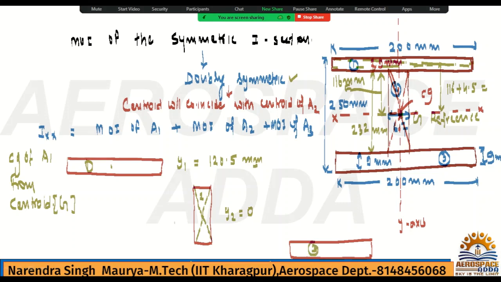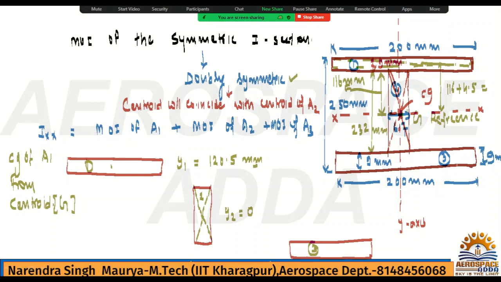Coming to box 3. Here I am not taking reference at the top or at the bottom. I am taking exactly the centroid as my reference, and from the centroid I am measuring the CG of box 1, box 2 and box 3. For box 1, CG from the centroid is 120.5.